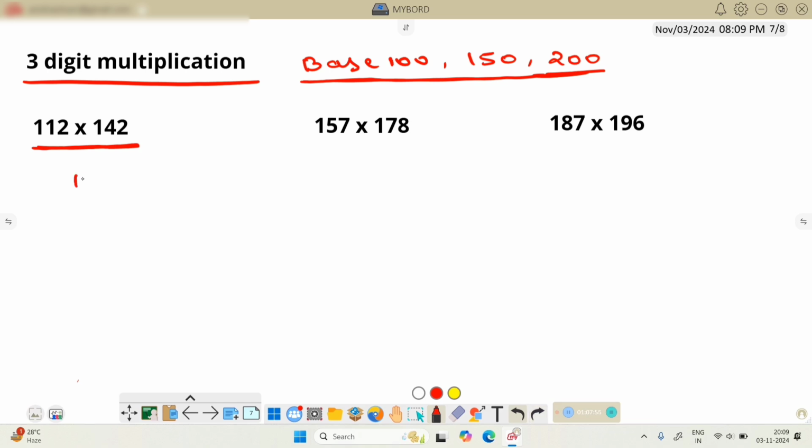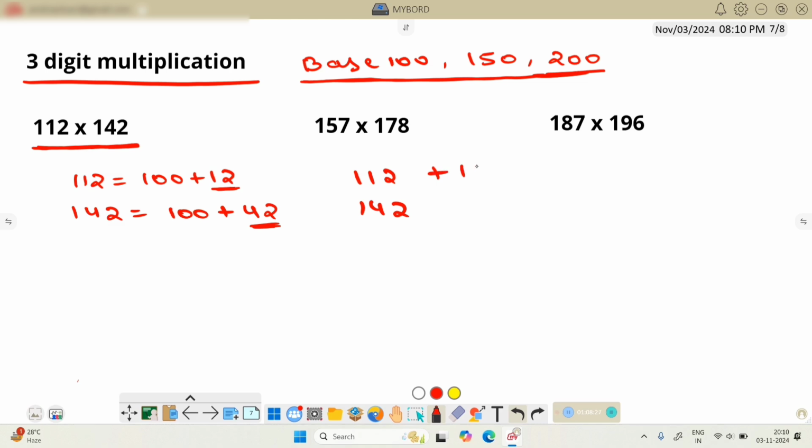See here, if you take 112, the base 100, no, so it is greater than 12. Okay, so if you take 142, if you take base 100, it is greater than 42. So now what you will do is you just write 112, 142, and next you just write plus 12 plus 42.